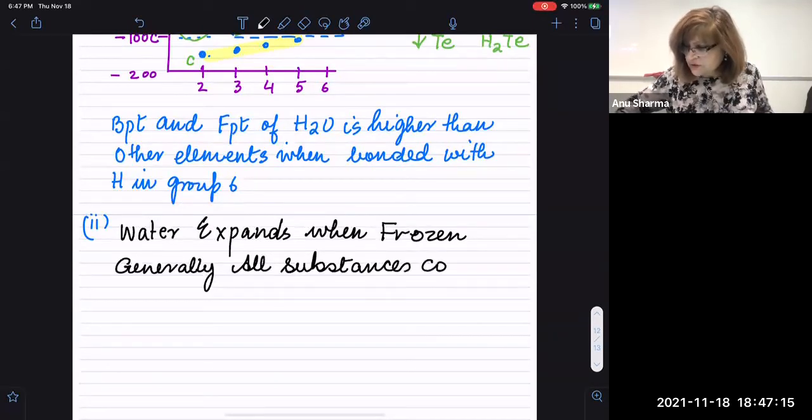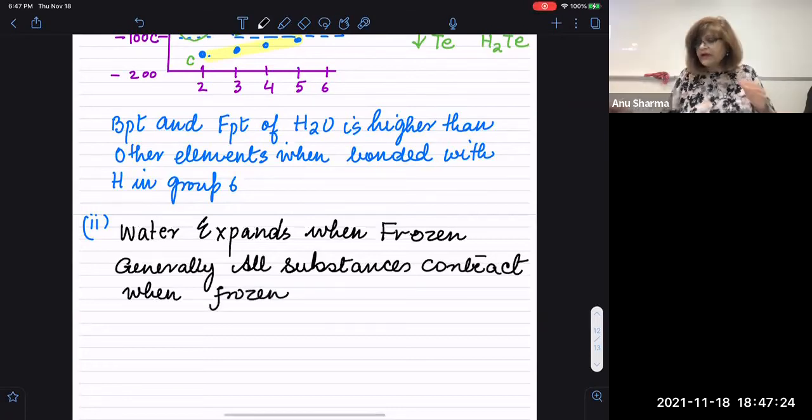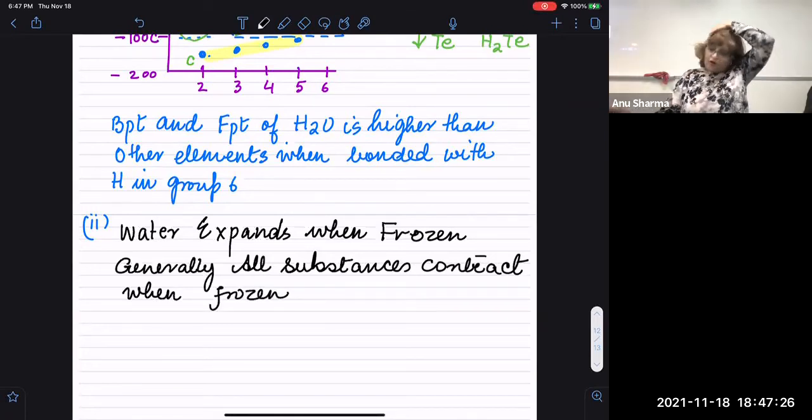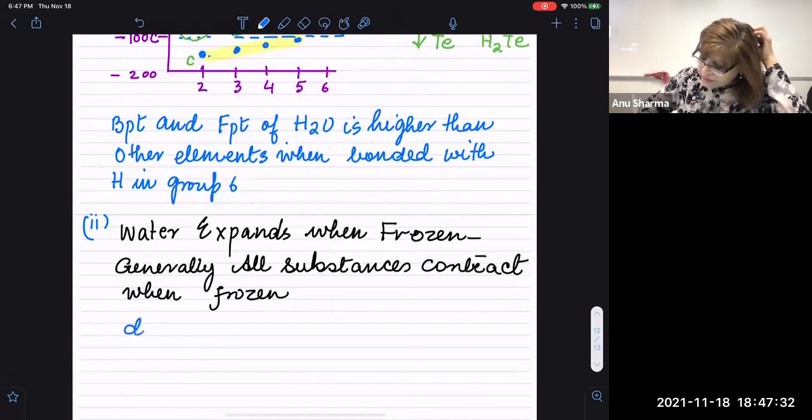They lose their size, they contract when frozen. But water expands when frozen, and that is due to hydrogen bonding. Now, what is happening? Due to hydrogen bonding. So what does this mean?